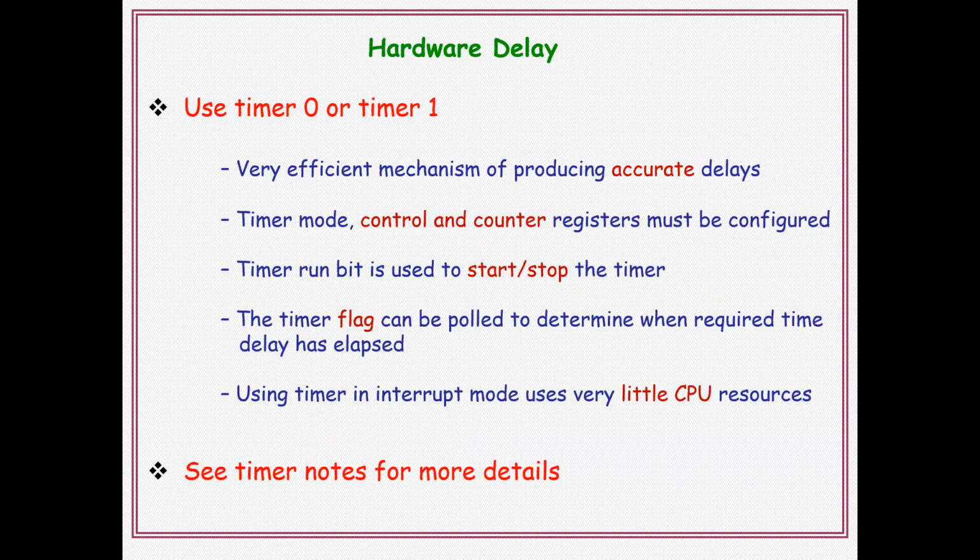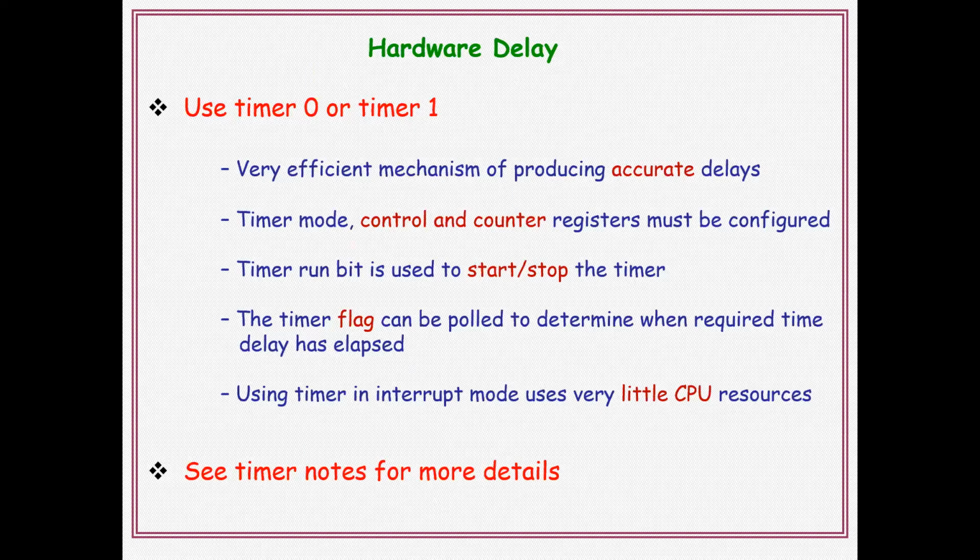Hardware delays. Use timer 0 or timer 1 in the 8051 microcontroller. A very efficient mechanism of producing accurate delays. Timer mode, control and counter registers must be configured. The timer run bit, like TR0 or TR1, is used to start or stop the timer.